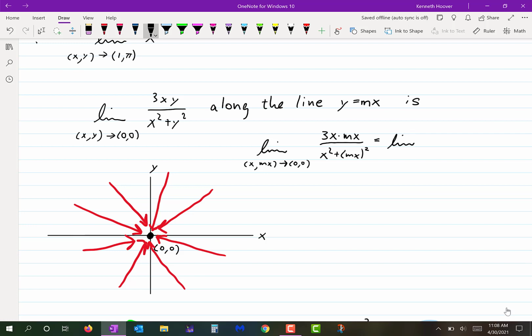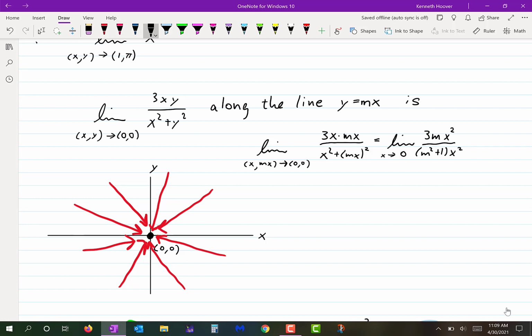So that's the limit of 3mx squared over m squared plus 1 x squared as x is approaching 0.